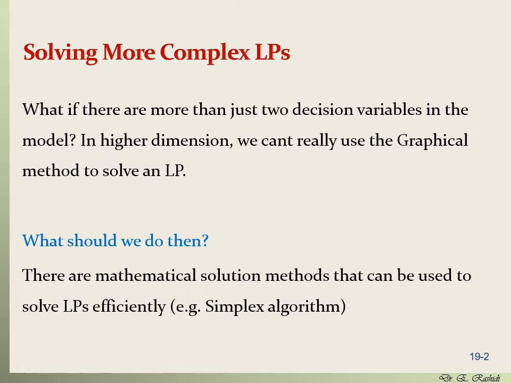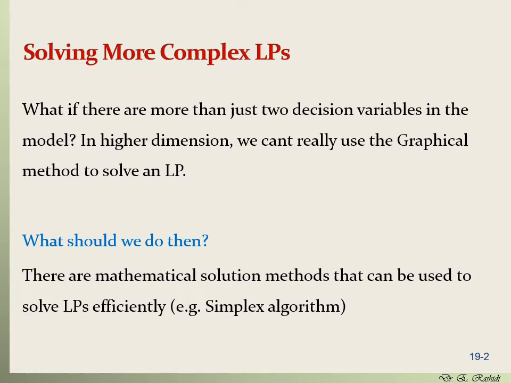So far we have solved very tiny problems that have had only two decision variables. But typical problems, even small typical problems that businesses face daily, have hundreds of variables or thousands or even millions of variables. So past two variables, how can we use the graphical method?